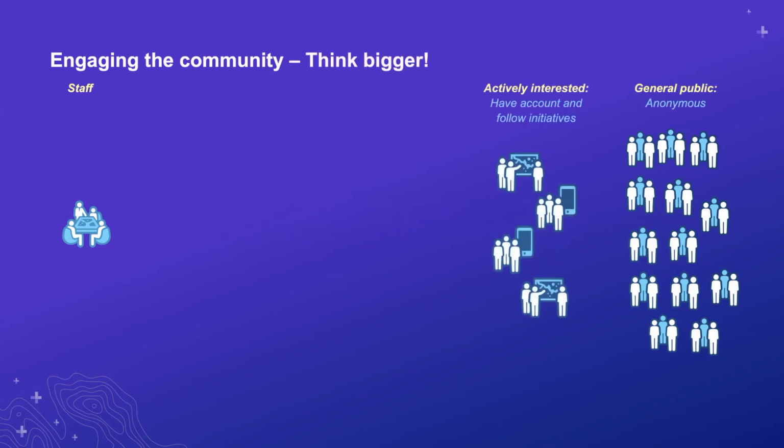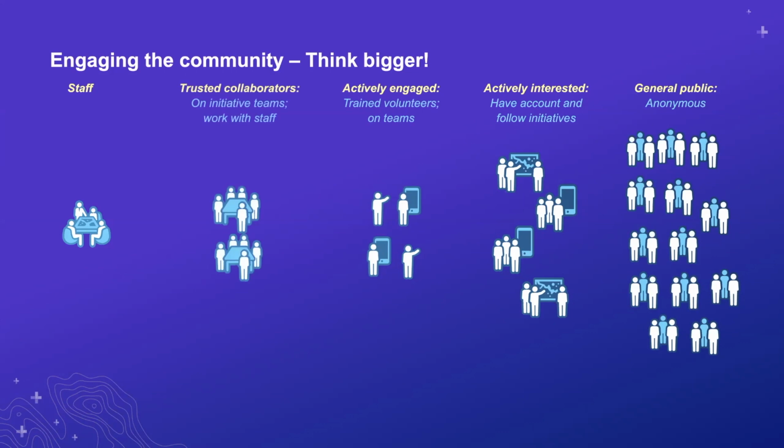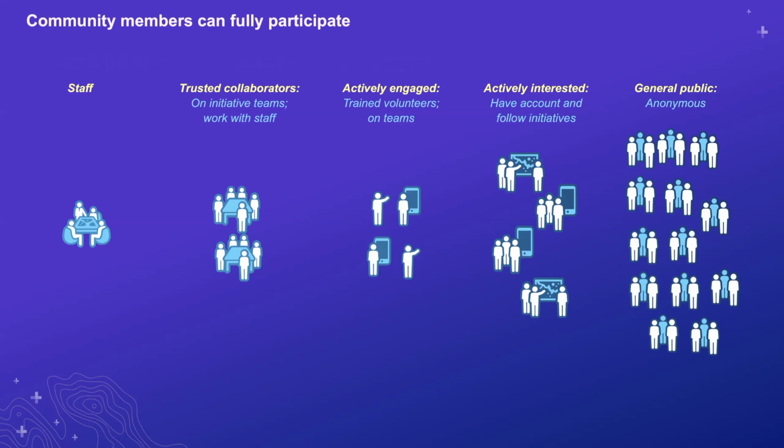What you really want to find is the actively interested, the people who are willing to receive updates or subscribe to something and lean in a little bit, so that from there you can find the actively engaged who will be able to really help out, almost act as an extension of your workforce. And then of those people, you can find the ones you trust to give special access to things. Teams basically lets us give the right access to the right level of people.